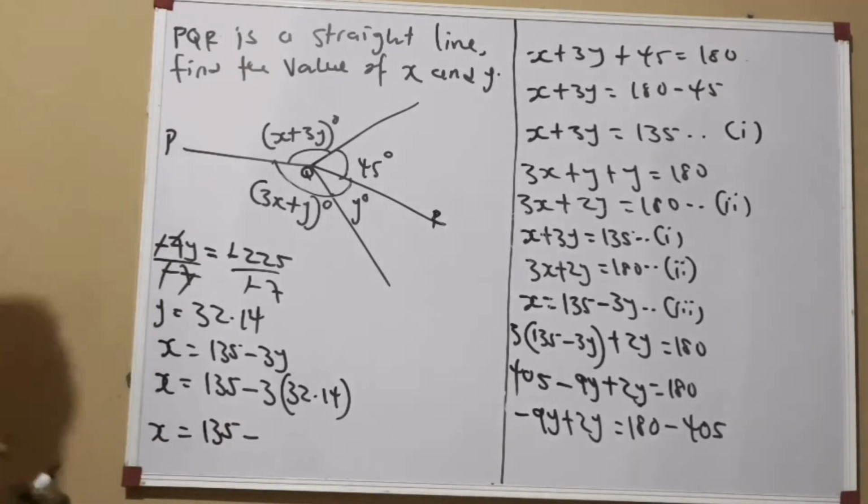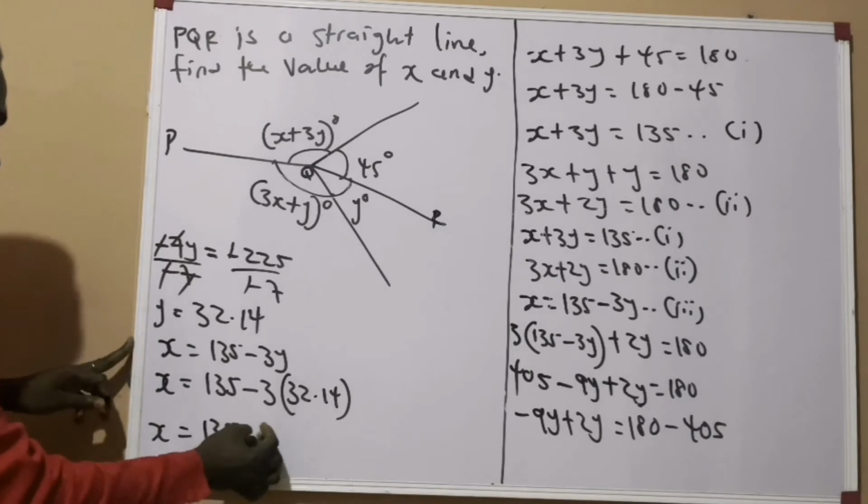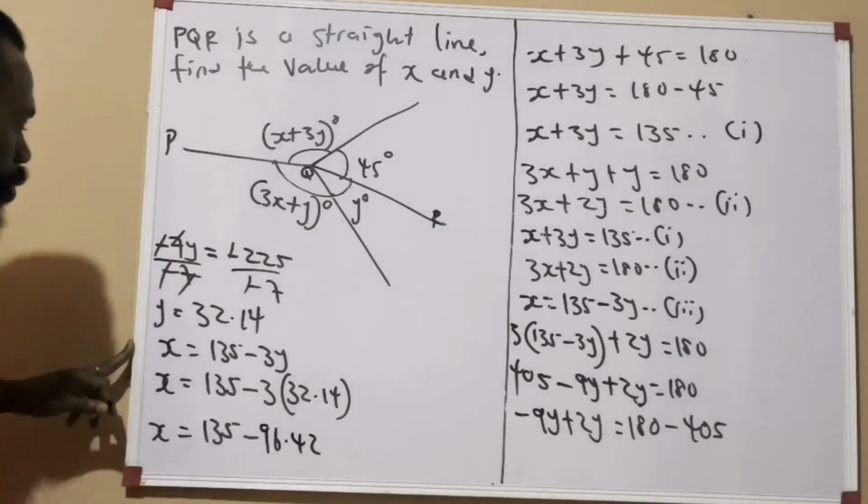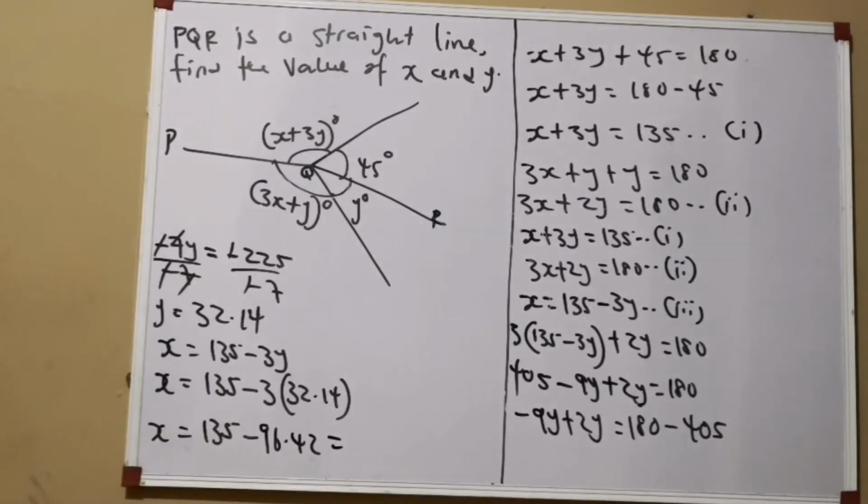So x becomes 135 minus 32.14 times 3, which gives us 96.42. Therefore, if we subtract 96.42 from 135, we get 38.58.